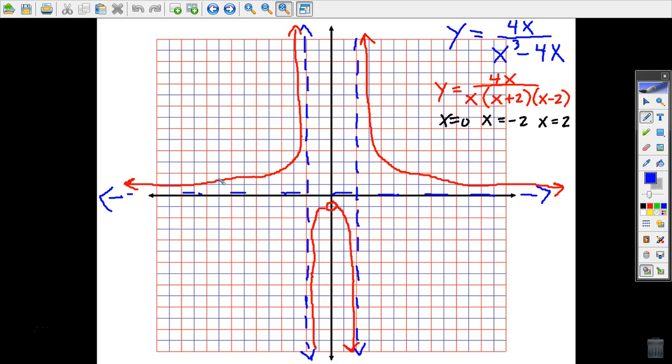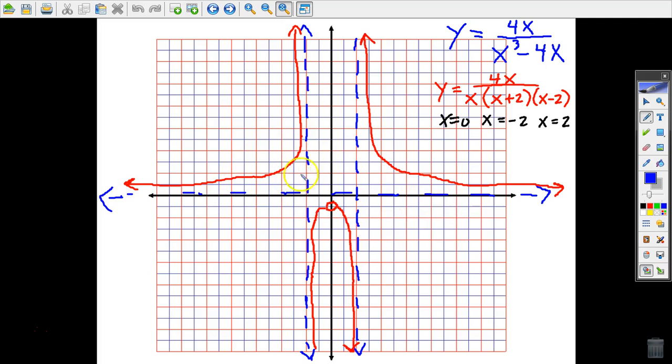In other words, if these lines, vertical and horizontal, and this little circle we call the hole weren't here, then we would just have a graph that could flow unimpeded forever and ever as you move from left to right.